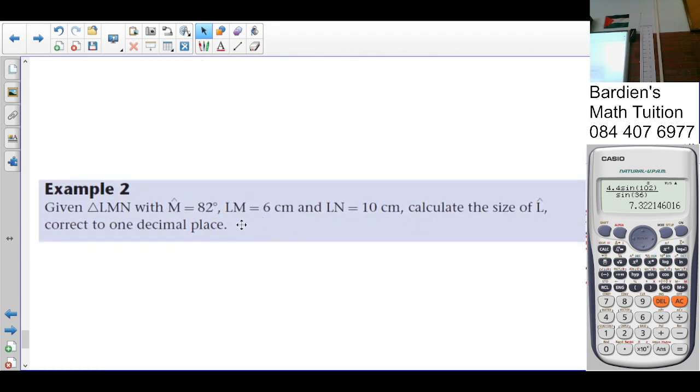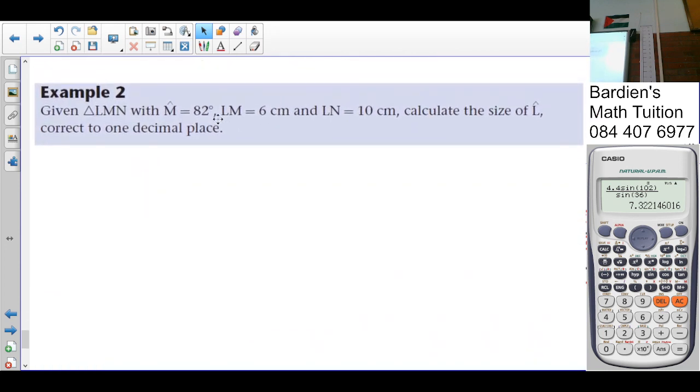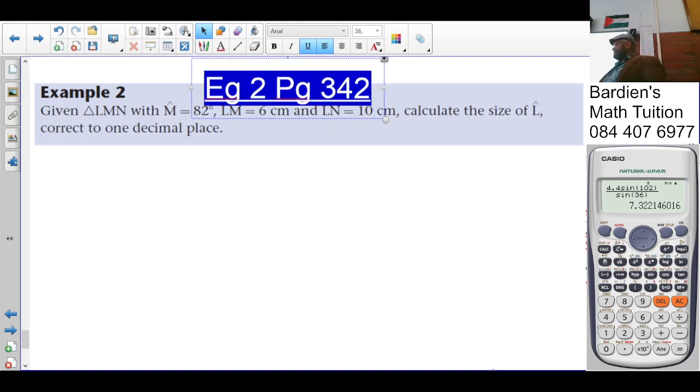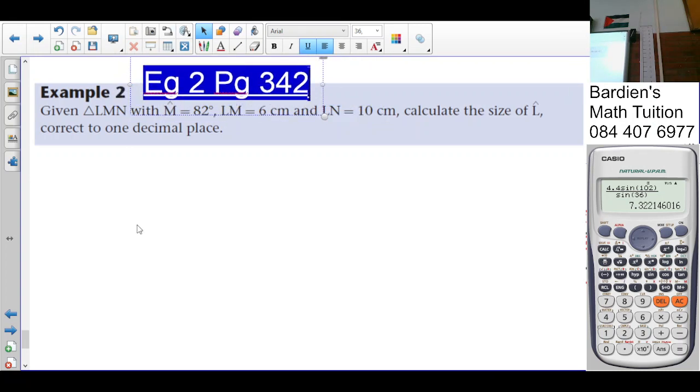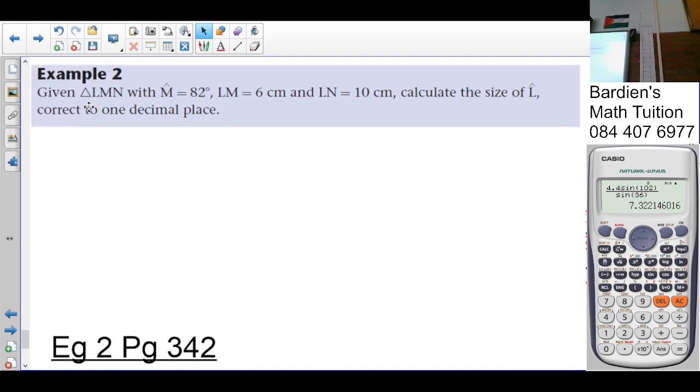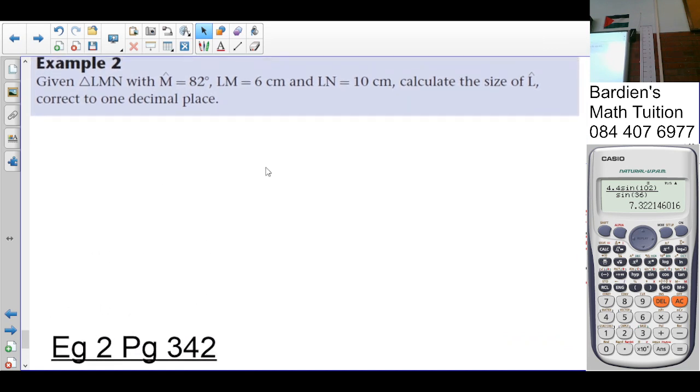Now let's look at example 2. Example 2 is on page 342. In example 2 we are told, given triangle LMN.